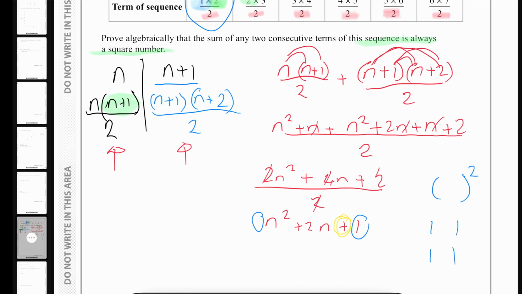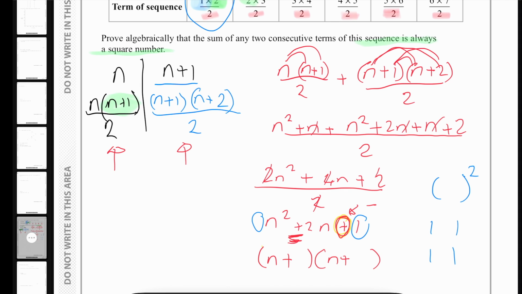Because that is a plus, I know that inside my brackets, when I've set them up, I'm going to have an n there, an n there, and because of this, I know that my two signs within my bracket will be the same as that. So it's a plus and a plus. If it was a negative, they would both be negatives, and if this was a negative, then it doesn't matter what this guy is.